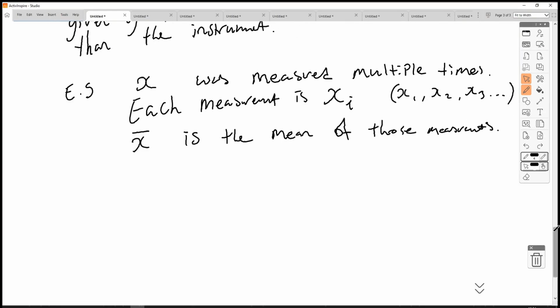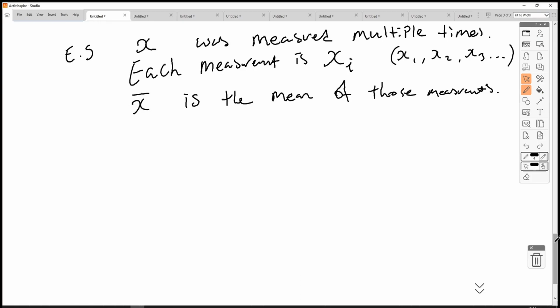So to find X bar, we first need to add up all of those values. So we say that X bar is equal to the sum of Xi, and if we labeled it starting from 1, 2, 3, 4, we start from i equals 1, and we end up at n, the number of measurements.